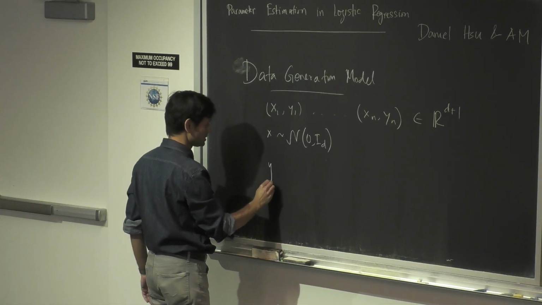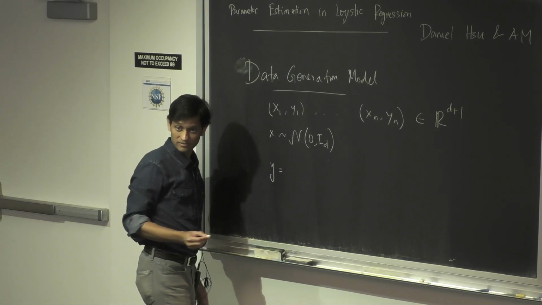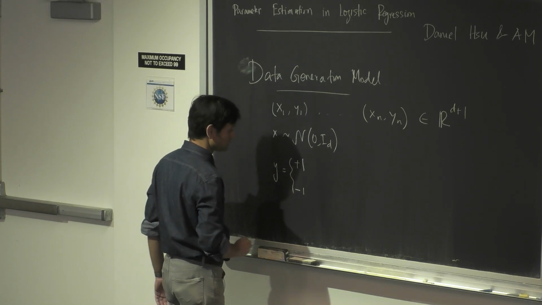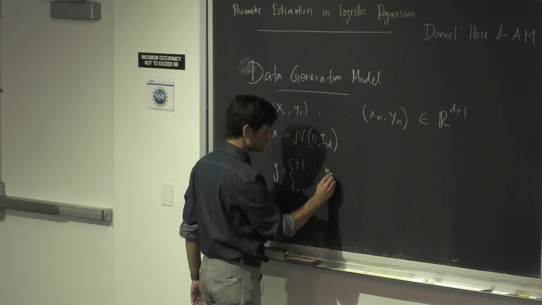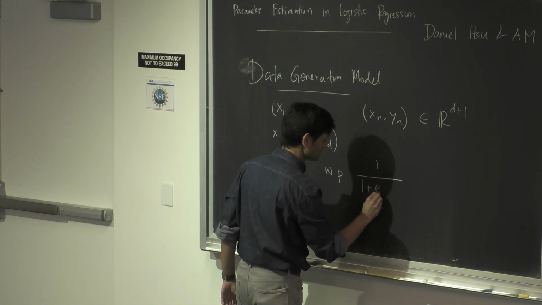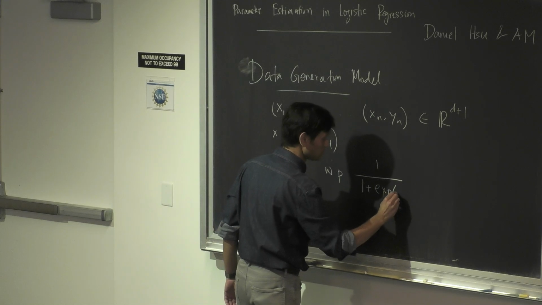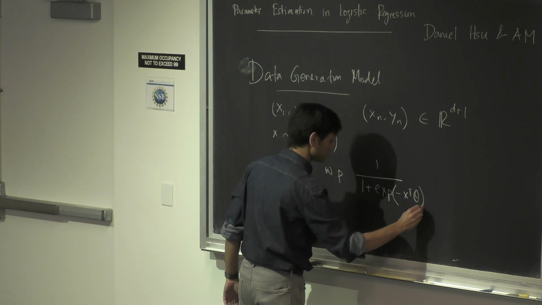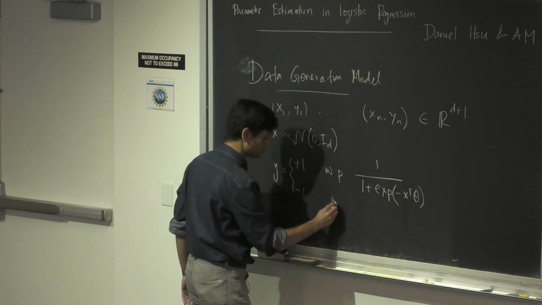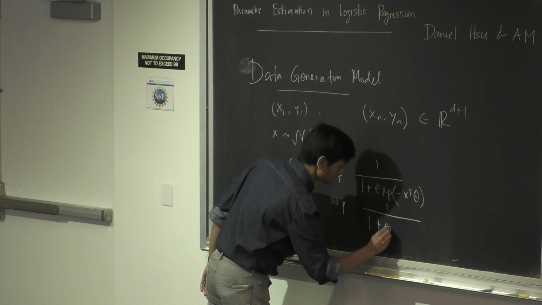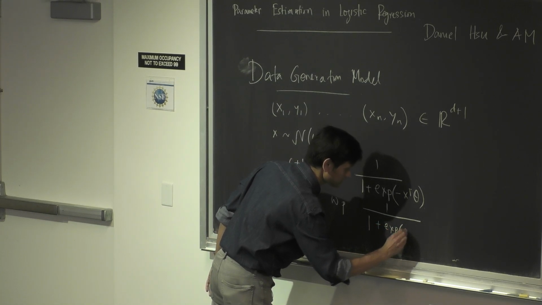And y is a binary random variable that takes two values, +1 and -1. The +1 happens with probability 1 over 1 plus exponential of minus x transpose theta, and -1 happens with probability 1 over 1 plus exponential of x transpose theta.